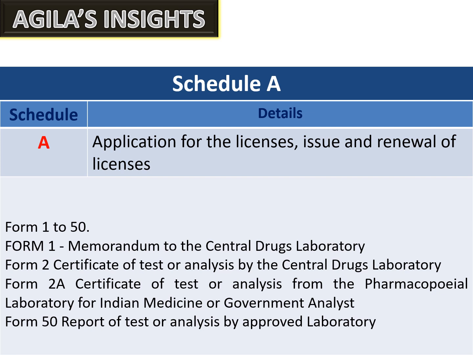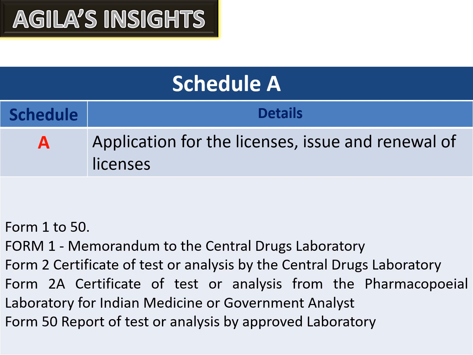Schedule A relates to the forms and applications for the licenses, issue and renewal of licenses, and for sending memoranda under the Act. It goes on from Form 1 to 50. For example, Form 1 is related to memorandum to the Central Drugs Laboratory. Form 2, certificate of test or analysis by Central Drugs Laboratory.